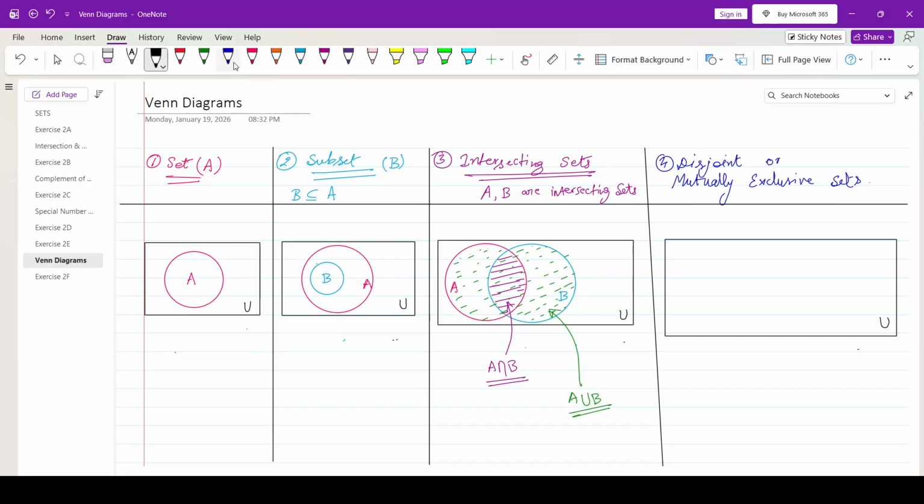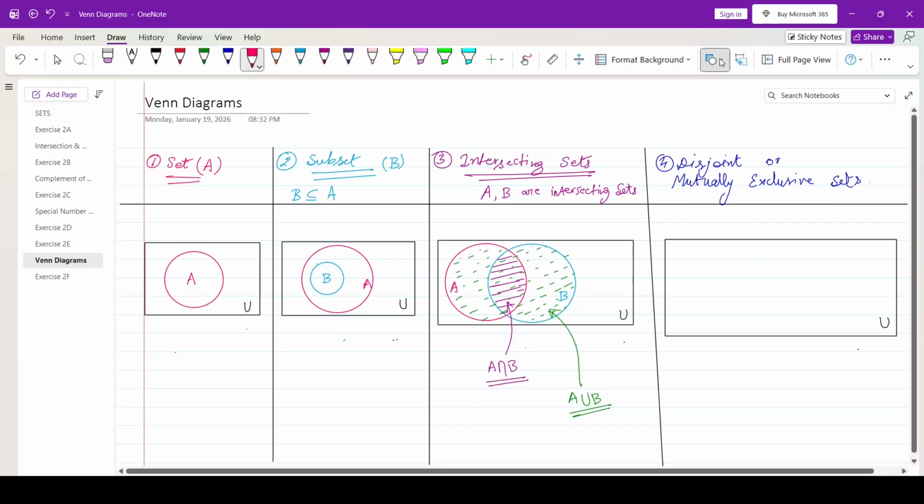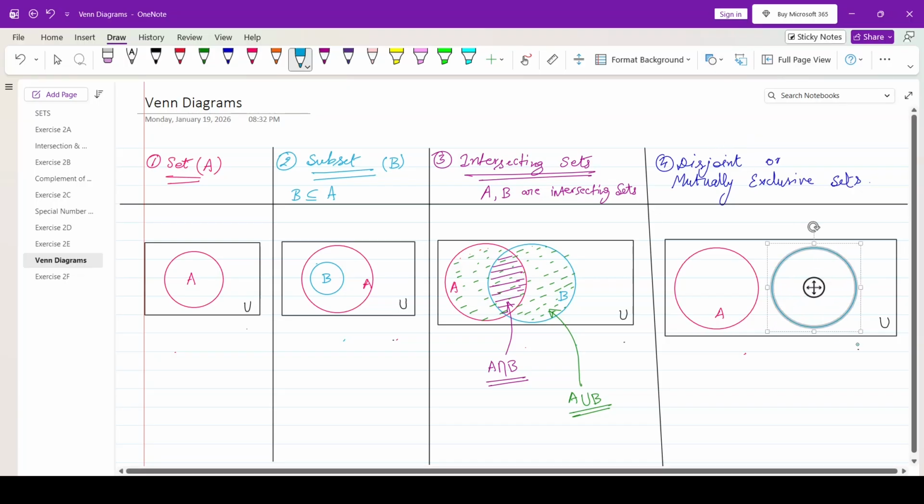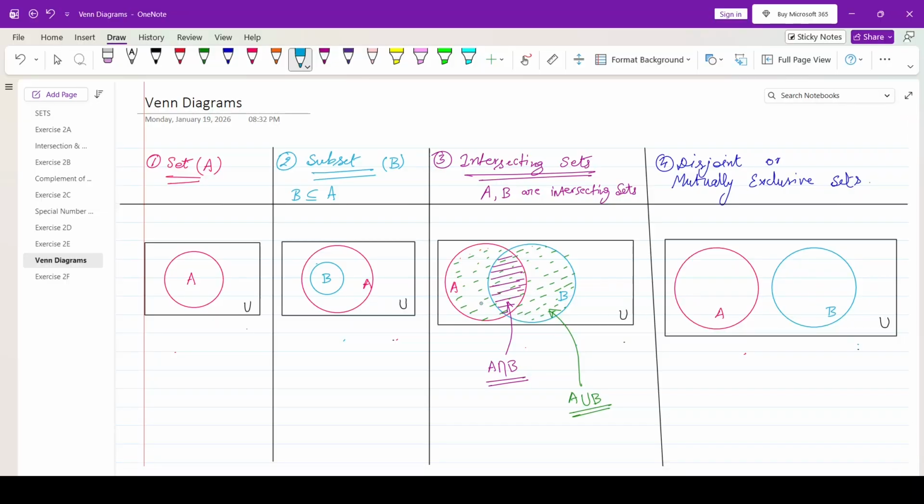This is U. We know this is set A, and this is set B. Now, there are only two possibilities when we have set A and set B. Either these two sets will intersect each other or they will not.